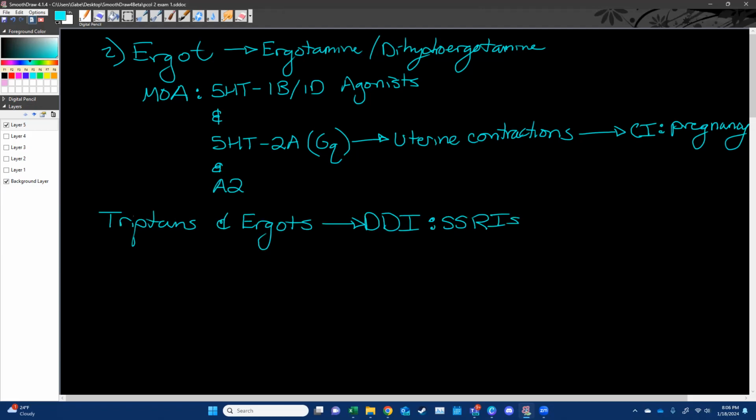Is it that you can't use a triptan or an ergot if you're on an SSRI? Not necessarily. You just have to be really careful.